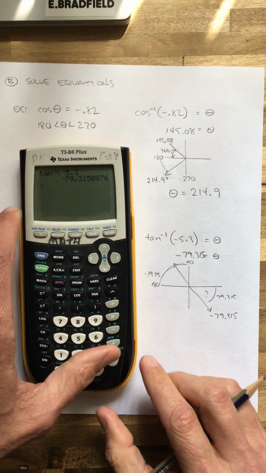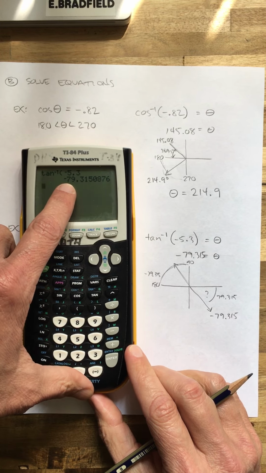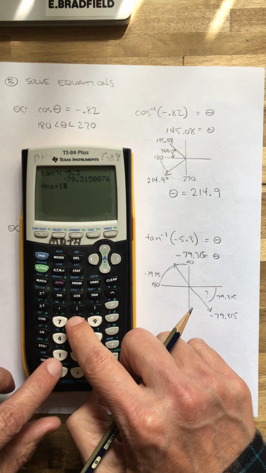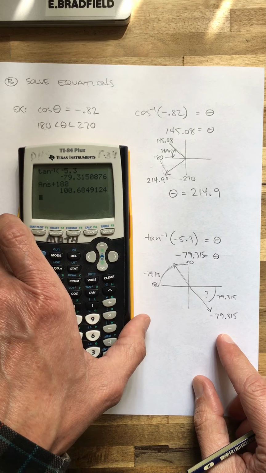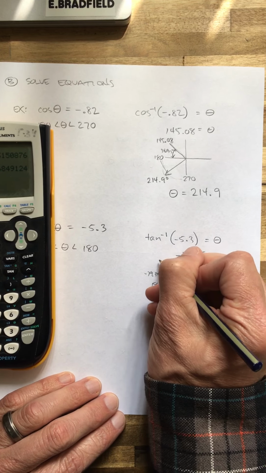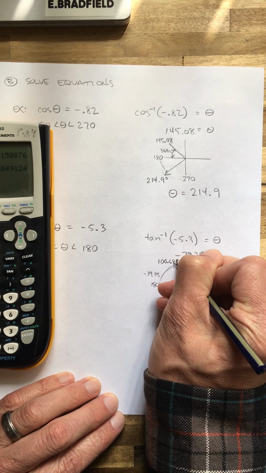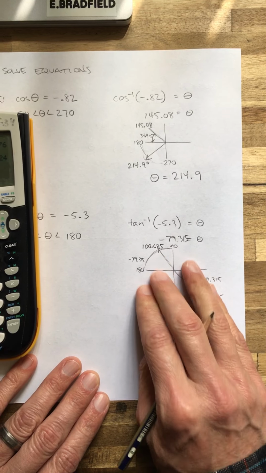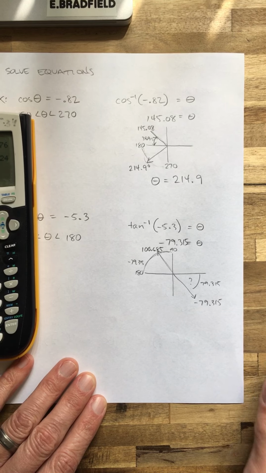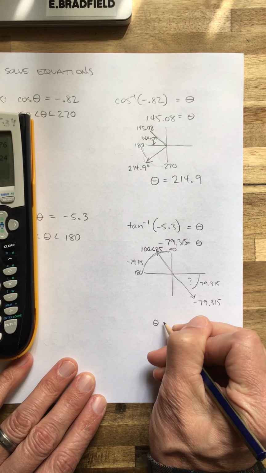I already have negative 79.315, so I'm just going to say plus 180, just because it's a shortcut. So I get 100.685. So my angle is 100.685. Again, all I'm doing is scratch work to keep things straight in my head. So my angle theta is 100.685.